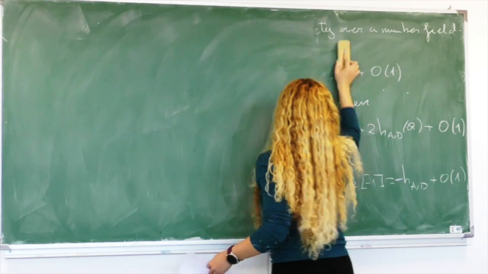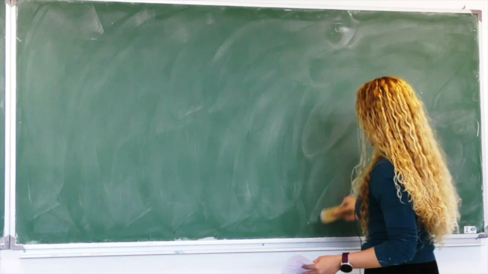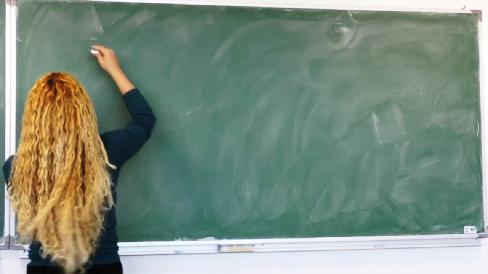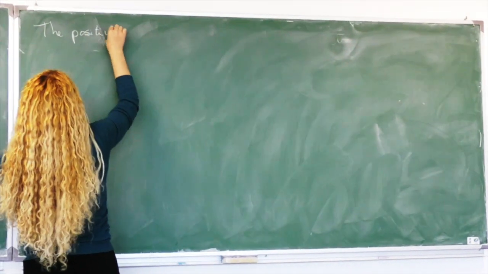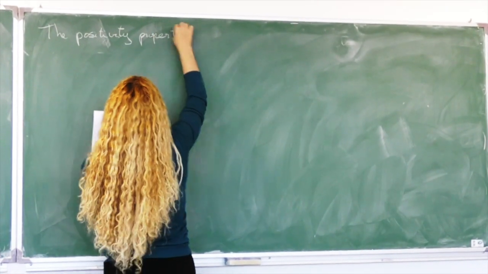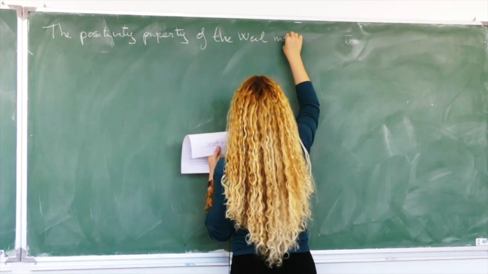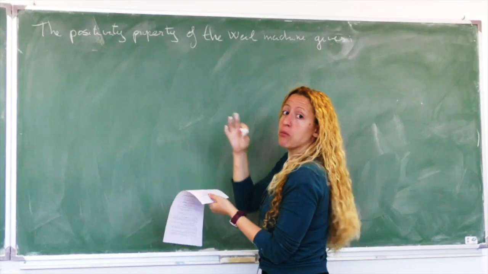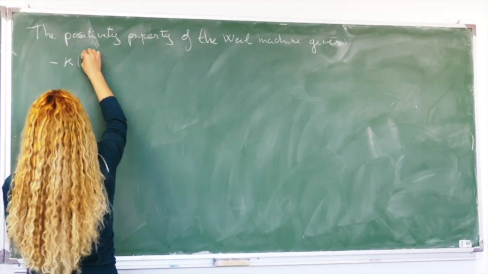So the positivity property of the Weil machinery gives this. I'm going to put a name to the constant, maybe a weird name, but you will see why. So this is the constant.